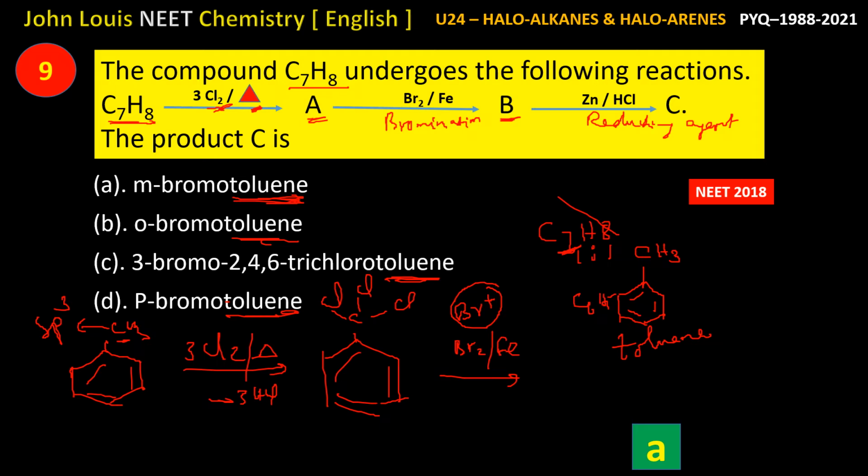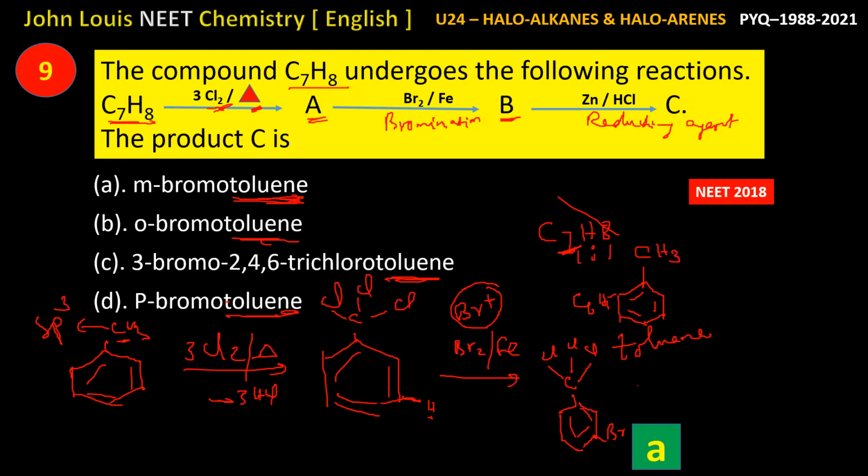Whether it is ortho, para or meta, it will substitute in the meta position. I will tell you why it substitutes in the meta position and not the ortho. So you get meta bromo trichlorotoluene, with bromine substituting that hydrogen.